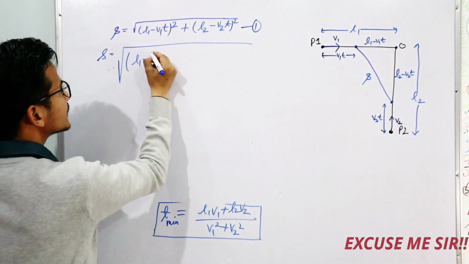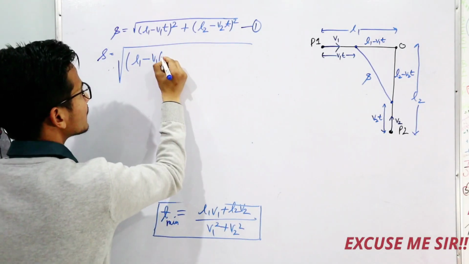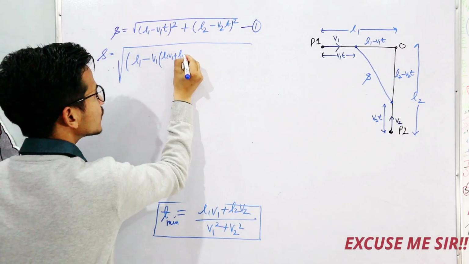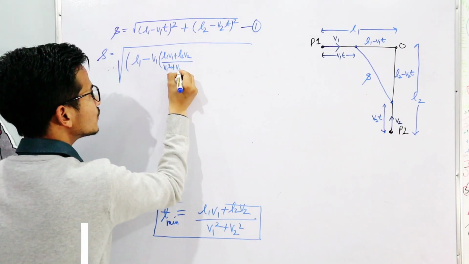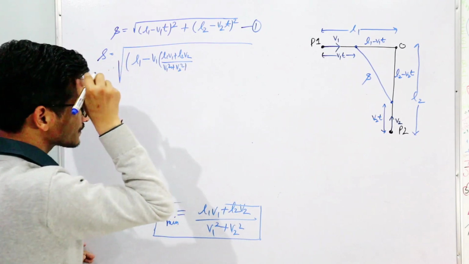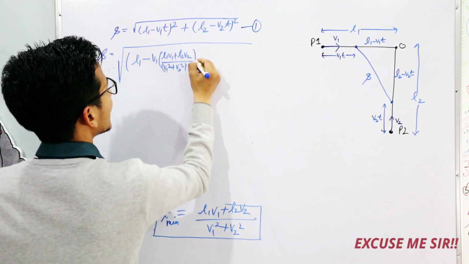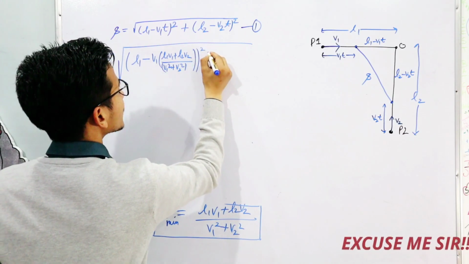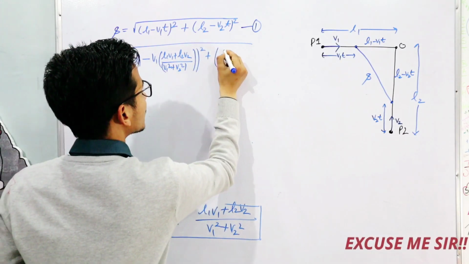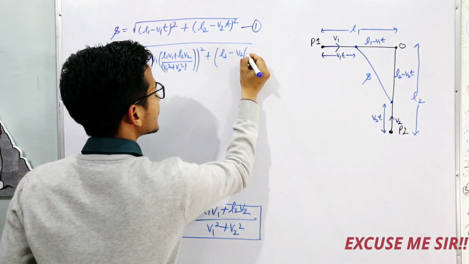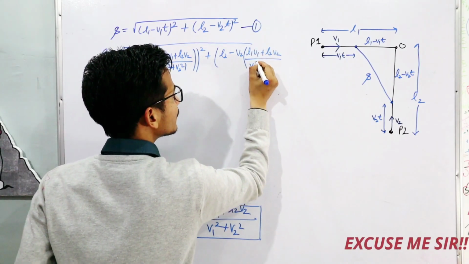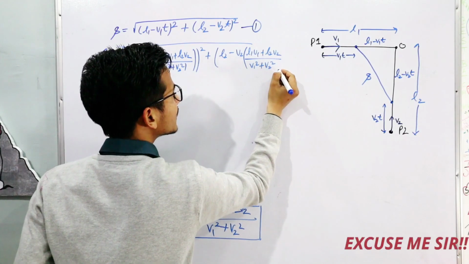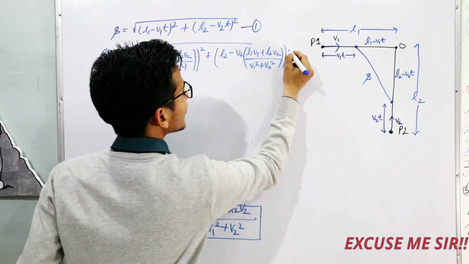So it will be equal to L1 minus v1 times the bracket L1 v1 plus L2 v2 upon v1 whole square plus v2 whole square, whole square, plus L2 minus v2 times the bracket L1 v1 plus L2 v2 upon v1 whole square plus v2 whole square, whole square.